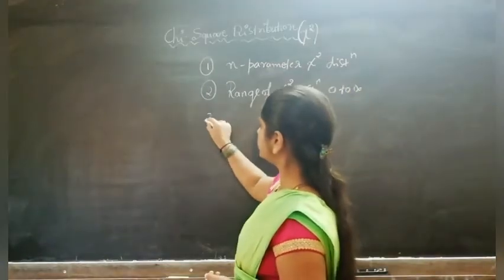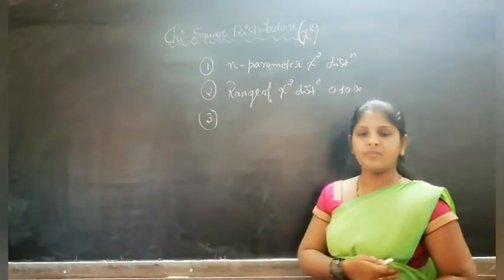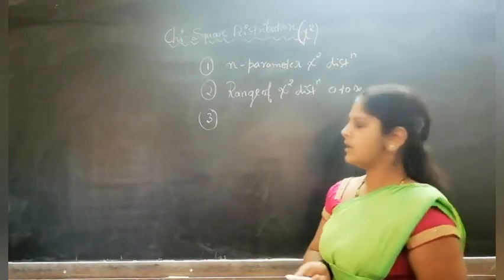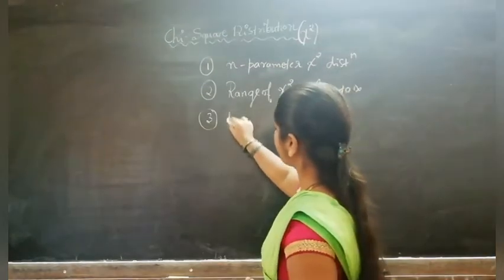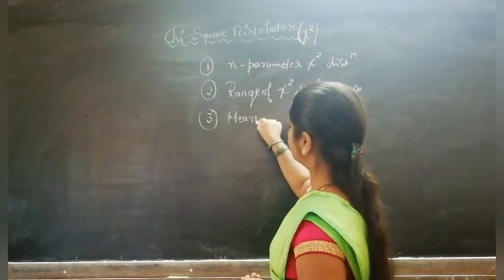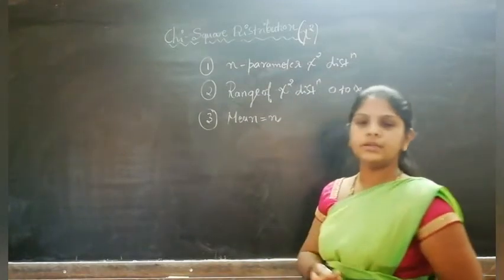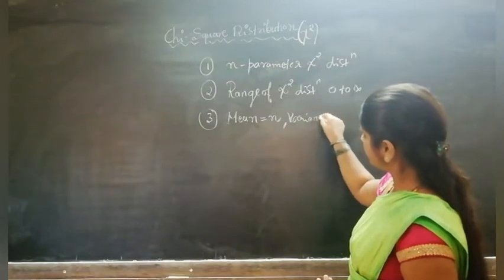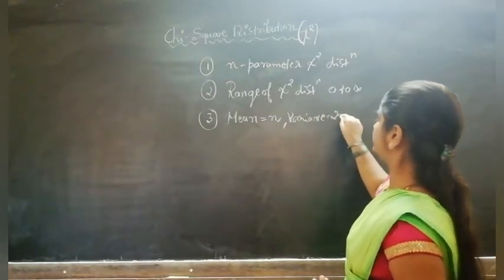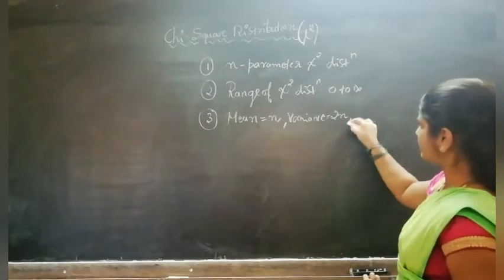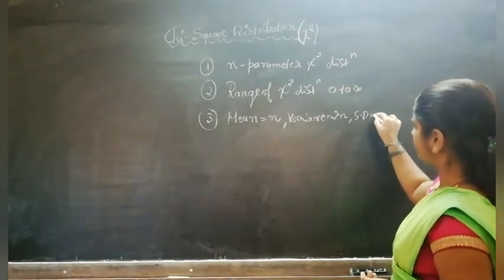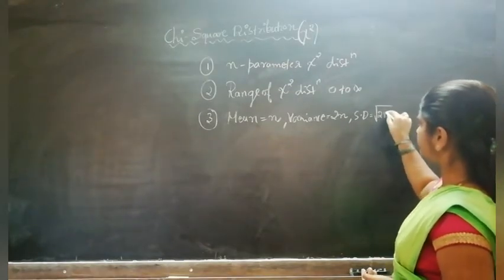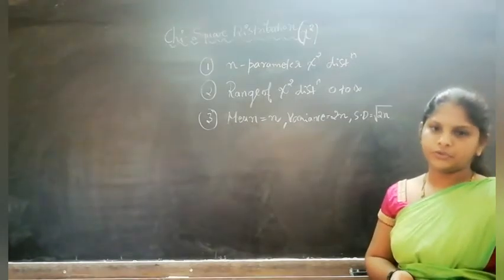Then the third one: what are the mean, variance, and standard deviation? For the chi-square distribution, mean is equal to n, and variance is equal to 2n, and as we know, standard deviation is the square root of variance, which is equal to square root of 2n.